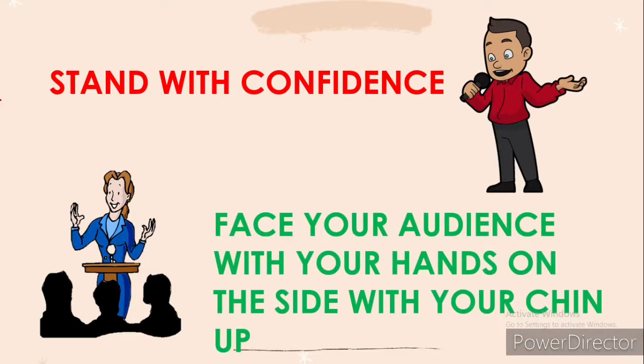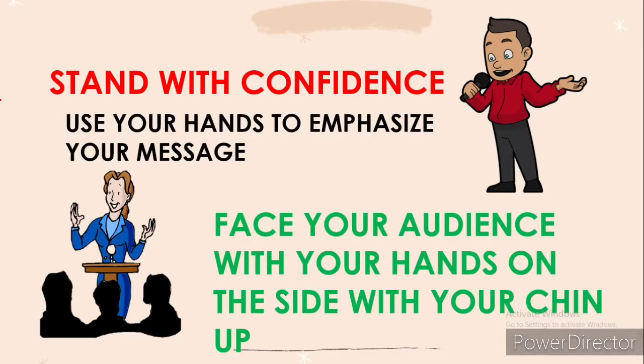Next, face your audience with your hands at your sides and your chin up. This will help you appear open and sincere to your audience and will give the impression that you are in control of the situation. Use your hands to emphasize your message. Relevant gestures will help you deliver your message.